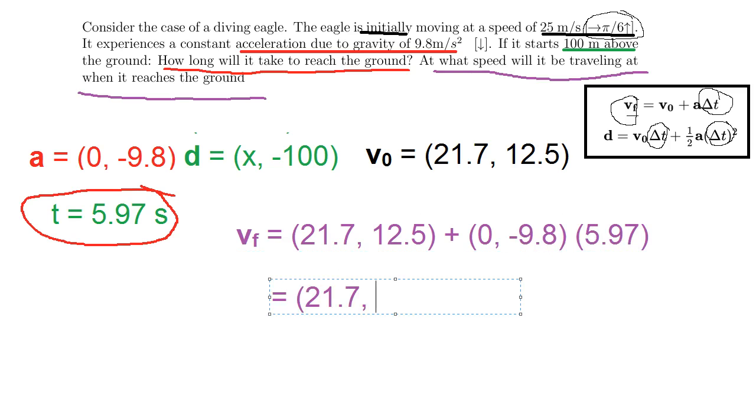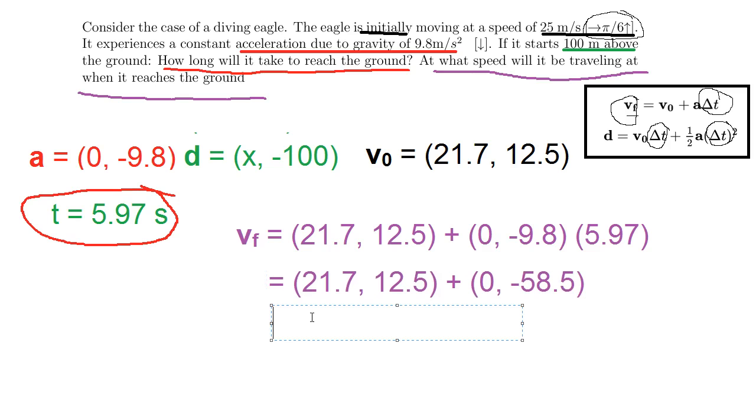This allows us to actually solve this very quickly. Order of operations still applies here, so we're going to do the multiplication first. 0 times 5.97 is 0. And negative 9.8 times 5.97 comes out to about negative 58.5, like so.